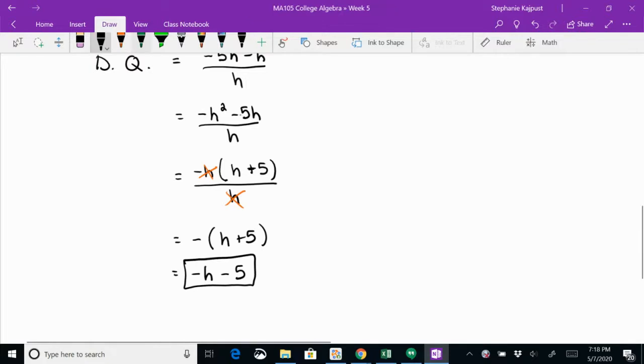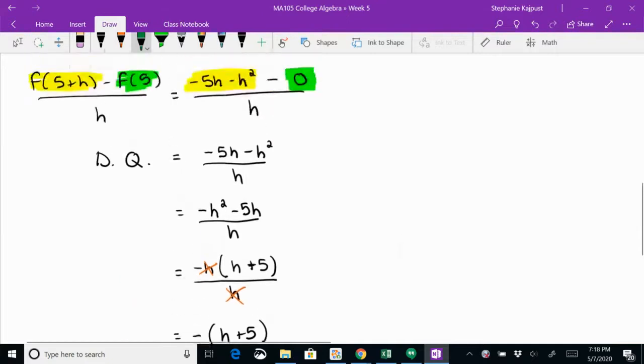And so you can think of that as basically an equation to get the slope at some point h. It's sort of an expression or a way to find the slope, and then you just plug in how far away from 5 you want to be.